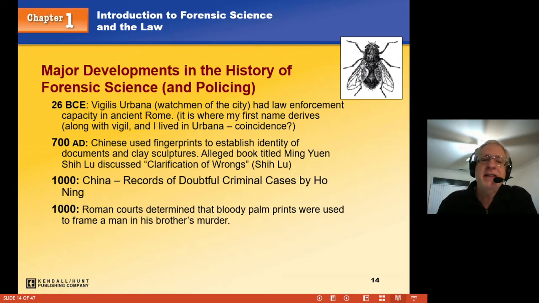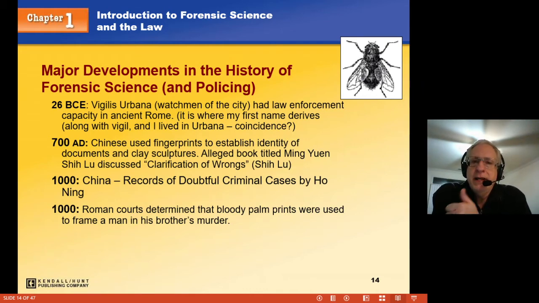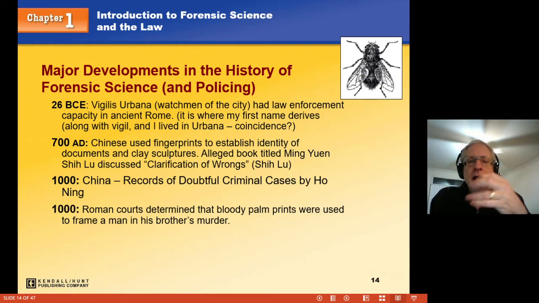Now we're going to skip ahead to 700 AD. This was the first time a fingerprint was used, but not to prove somebody innocent or guilty. Remember, it just has to be matters of the law. Instead of using a ring in their seal, somebody used a fingerprint as their seal, and that was used to identify.